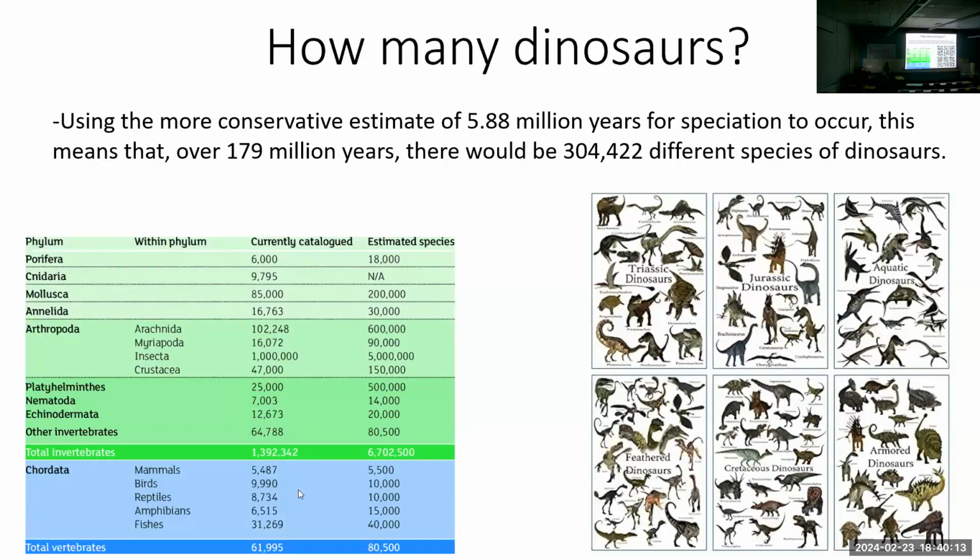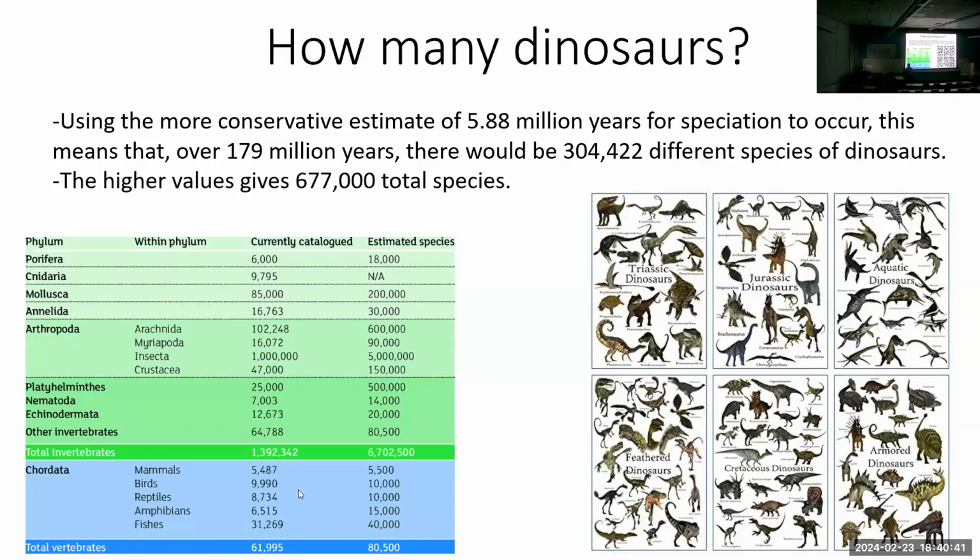So again, if we use the most conservative estimate of 5.8 million years for speciation to occur, if you do the calculation, over 179 million years there should be 304,422 different species of dinosaurs. So using these numbers we take from birds, there should be about 300,000 different dinosaurs that have existed over that time span.